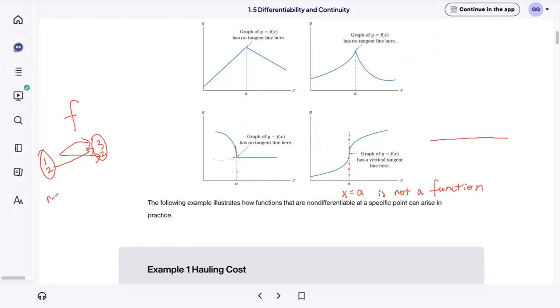This is a person's name, this is age. Anybody cannot have 2 ages. Either you're 3 years old or you're 2 years old. But here, A is being sent to so many places. So one x value goes to all the values of y. So a person has many ages. That's not a function, by definition. So in these kinds of cases, functions are not differentiable at such points.